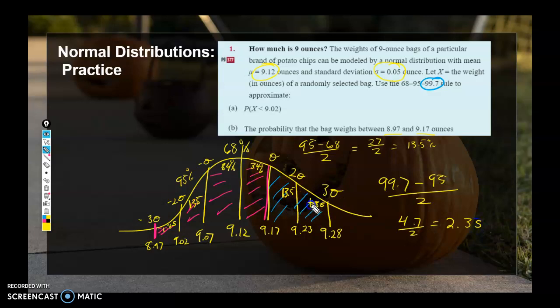So this is 2.35, and this is 2.35. Excuse my error.